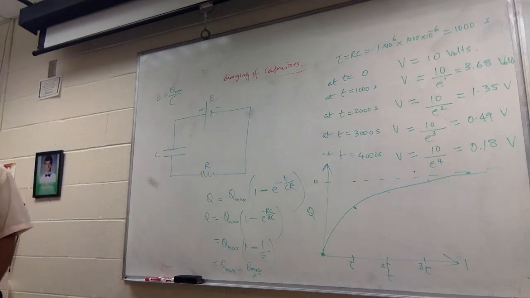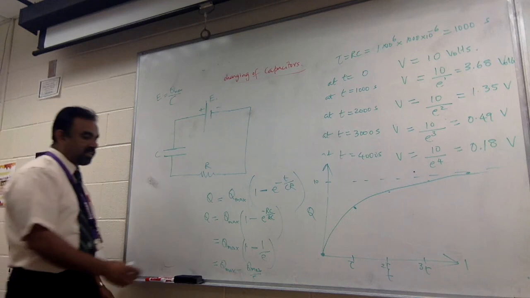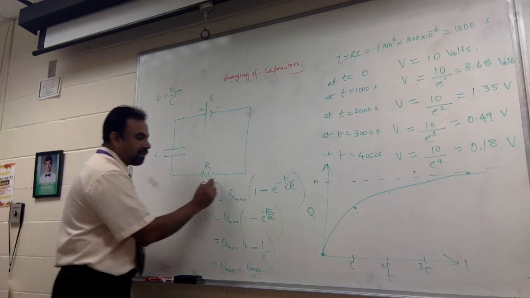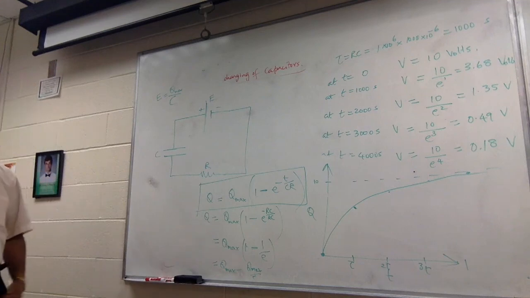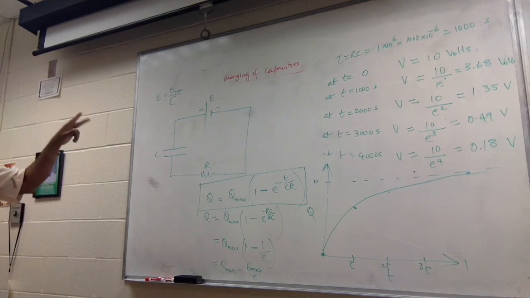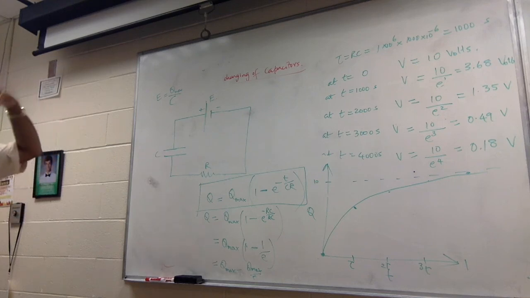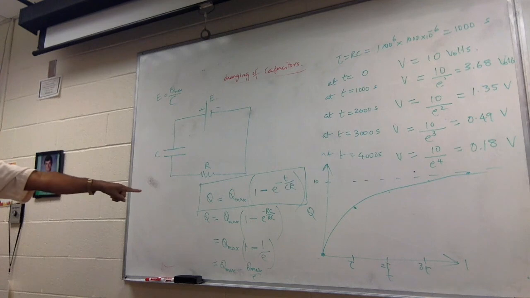That's a charging graph, where the charge builds up, and the expression that controls it is this. That's the equation that we use to explain how a charge is building up. So we have two expressions now. One is for discharging of capacitors, and this is for charging of capacitors.